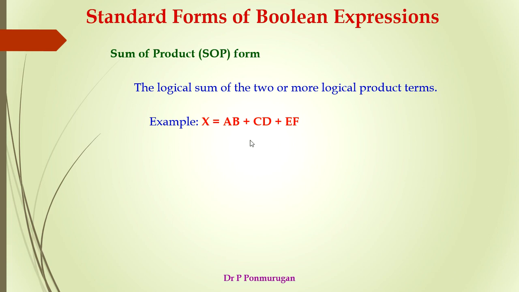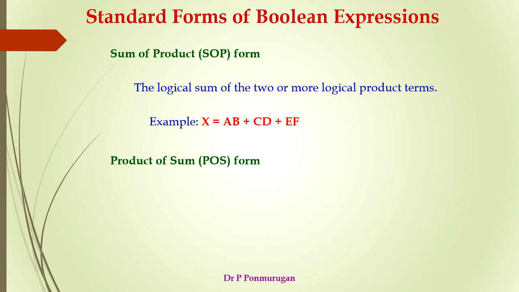Here we have three terms. AB is one term, CD is another term and EF is another term. These three terms are product terms which are ANDed. These three product terms are summed by using a logical sum. So this is said to be an SOP form or sum of product form.